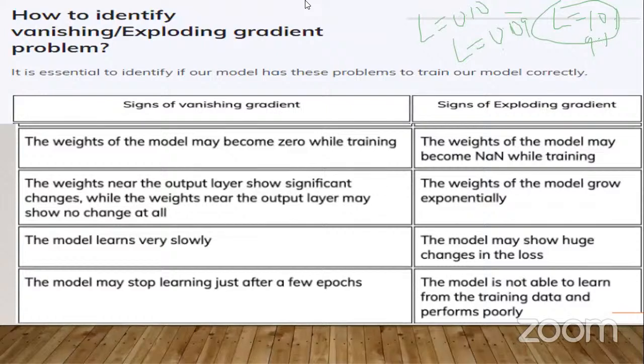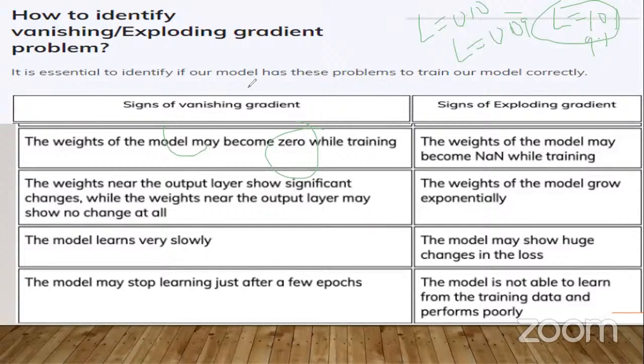One iteration is the entire life cycle: forward propagation, calculating the loss, then the optimizer, backward propagation and updating the weights, and again new predictions. At times the weights are not getting updated, or are becoming almost zero, so my model is not learning. Or the weights near the output layer show significant change, while the weights near the input layer may not show any change at all.